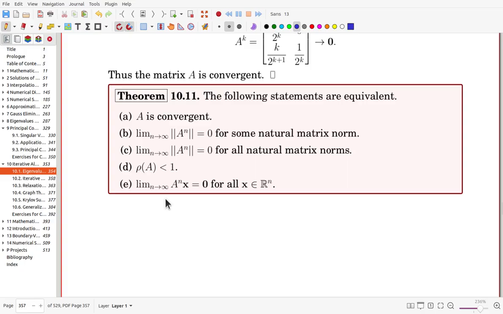Okay. A is convergent, and also as n approaches infinity, the norm of A^n is 0.